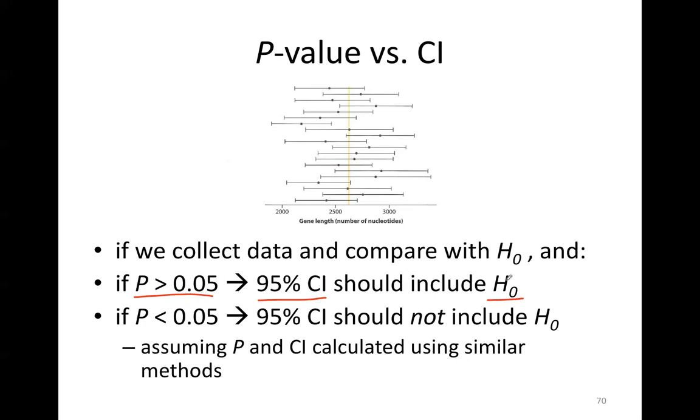For instance, in the toad example, the proportion we observed in the sample was something like 0.8, and the 95% confidence interval might extend from 0.6 to, if it's symmetric, something like 1. And this is the 95% interval.